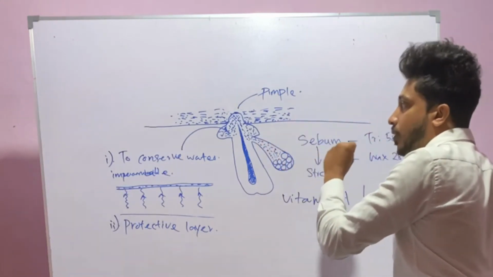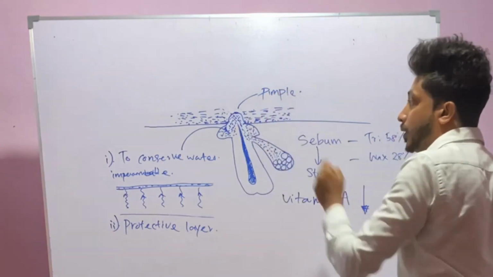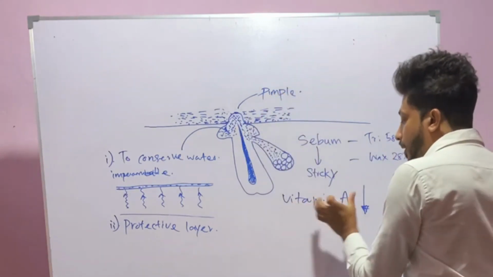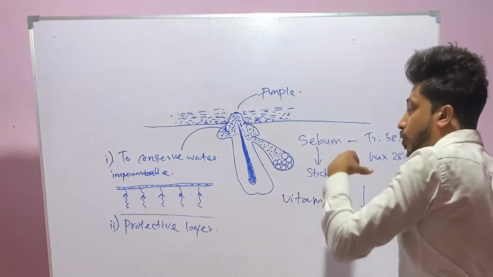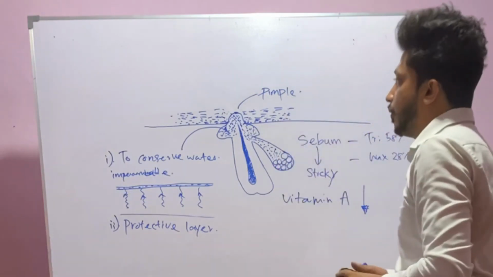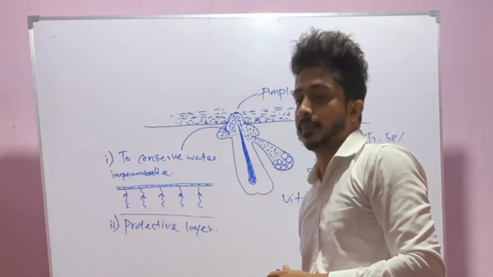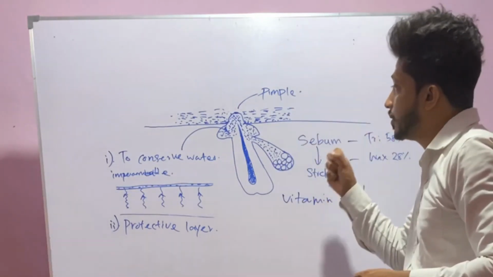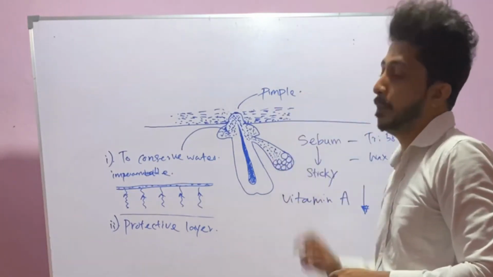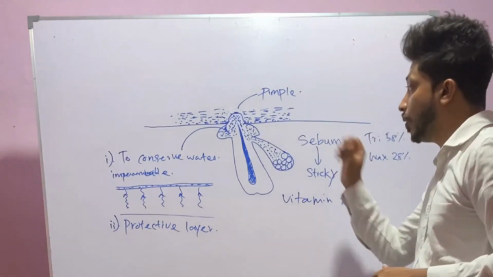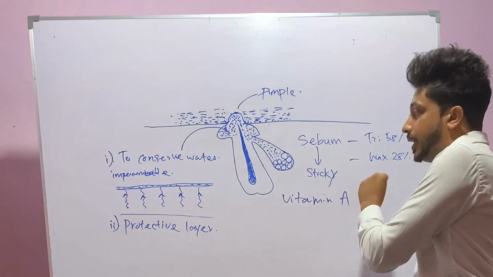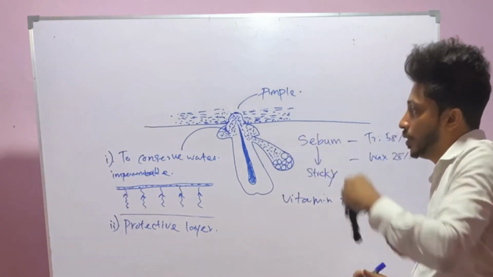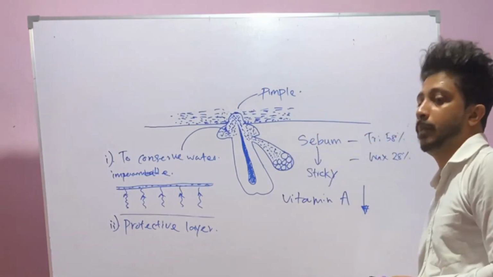Extra sebum is the cause of forming a pimple. Vitamin A can reduce the extra sebum they are producing, so it prevents pimple formation. So that is how a pimple is formed, and that is how vitamin A helps to reduce the possibility of forming pimples.